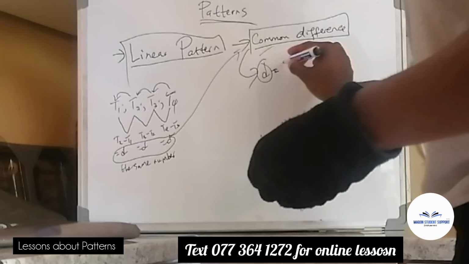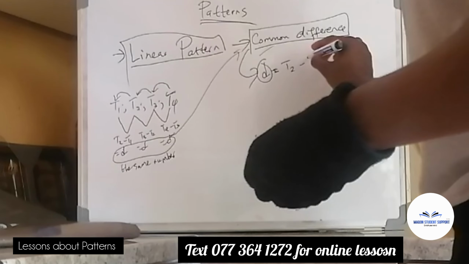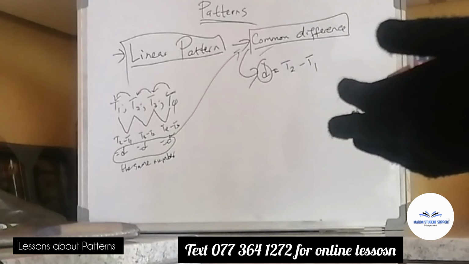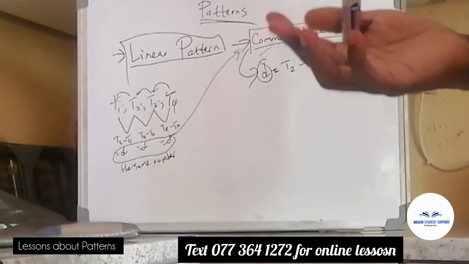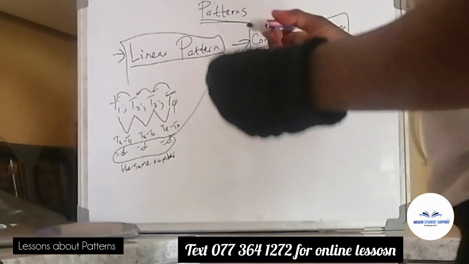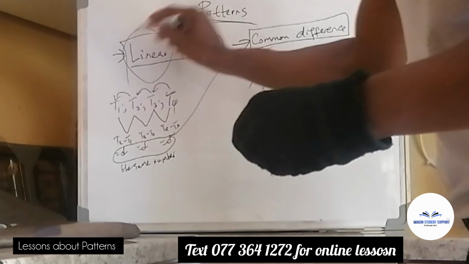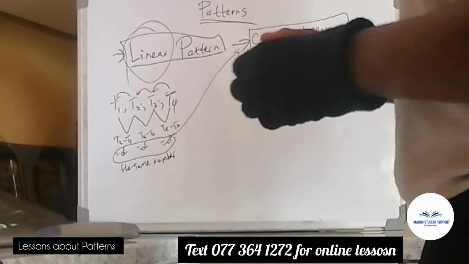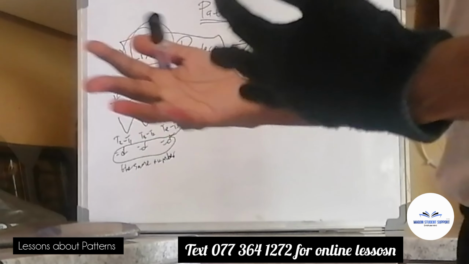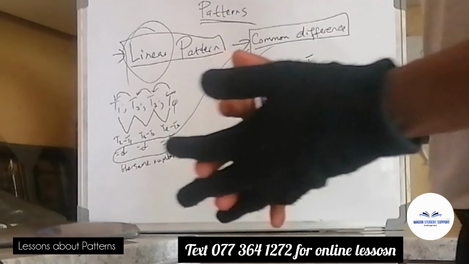The common difference formula is denoted by D, where D is equal to term 2 minus term 1. Something about the common difference that will help you in other complex questions is that once it's a linear pattern, it has the same common difference. In grade 10 they say arithmetic, but in grade 8 and 9 it says linear.